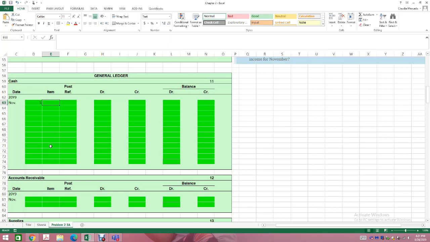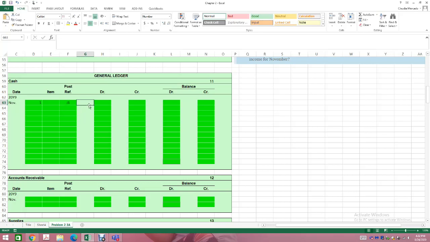Okay. Now, post reference. What is that? Well, the post reference is the account number. I'm sorry, the post reference on the general ledger will be the journal page number. So, this is where it gets a little bit confusing. On the post reference column for your ledger, you're going to put the journal, and the journal was journal 1.